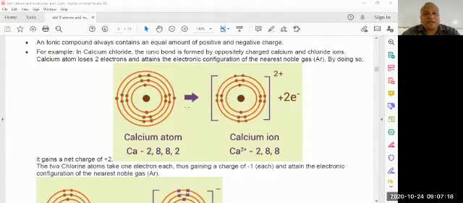See here, I have taken an example of calcium on your screen. Calcium has 20 electrons, and these 20 electrons are arranged in a particular manner. You can see the first orbit, second orbit, third orbit, and fourth orbit.